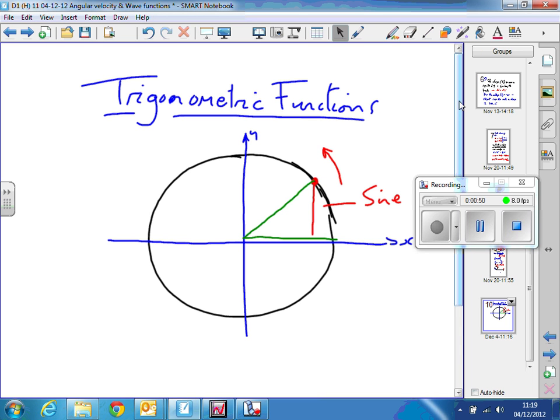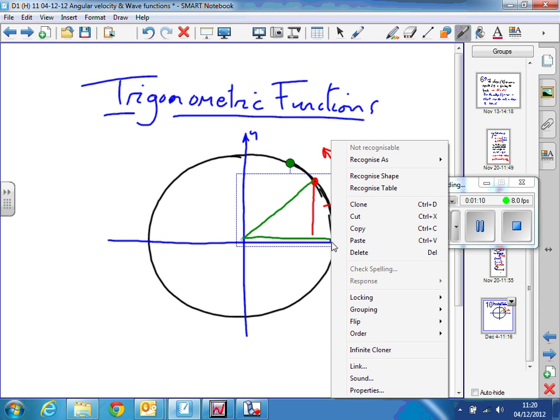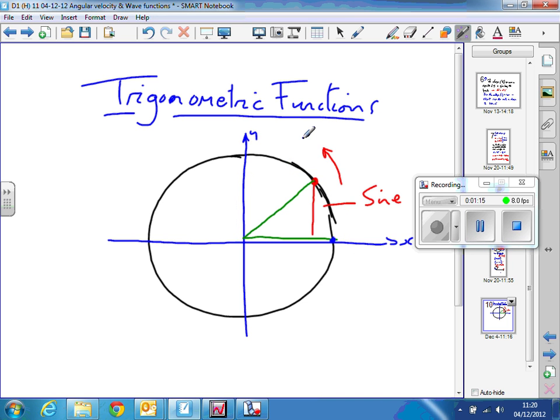As time goes by, if it starts here and then rotates round like this, at this start point, how far is this dot up the y-axis? It's at 0. So for angle 0, the sine, or the distance along the y-axis, is 0.